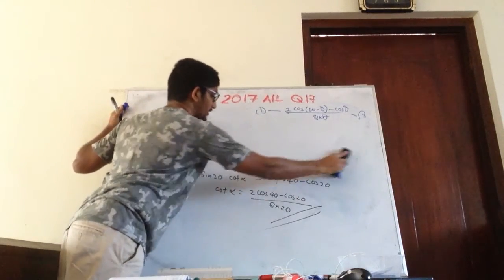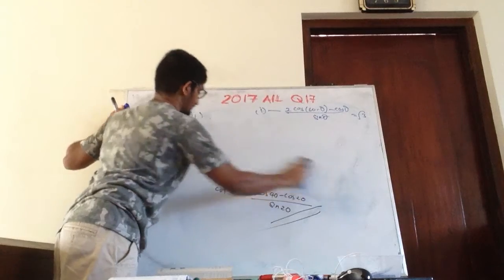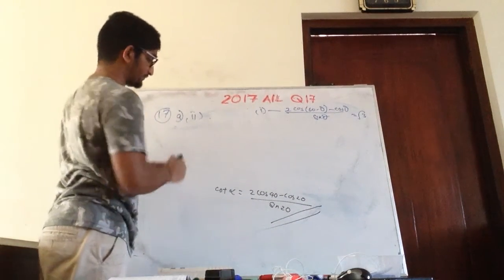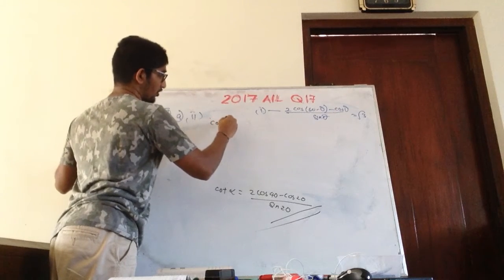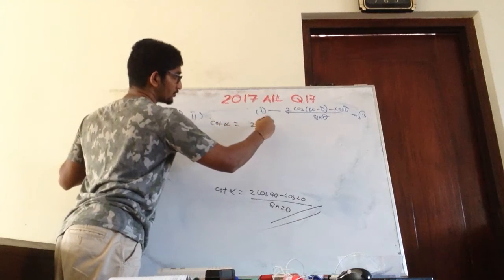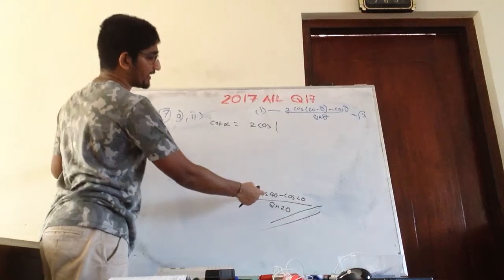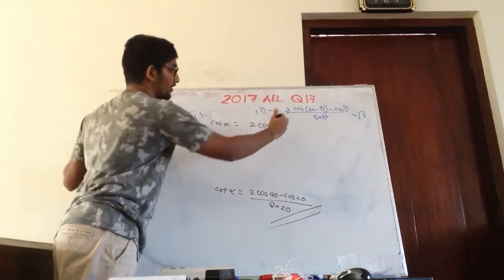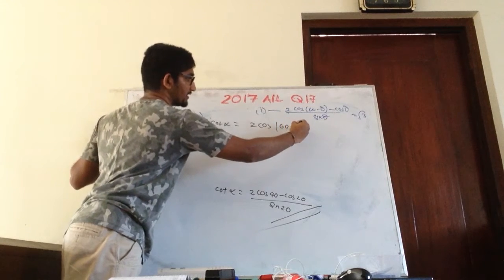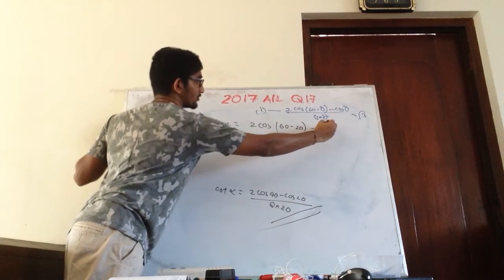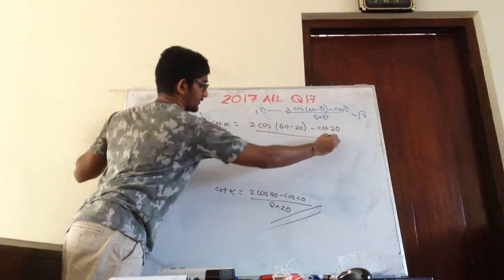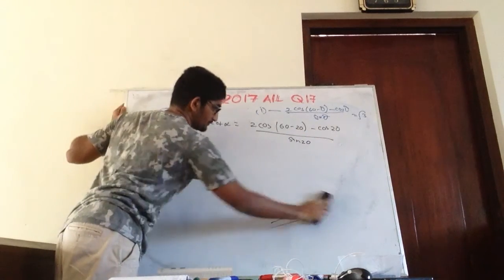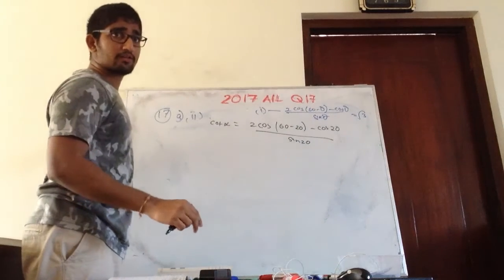Now let's see what we can do here. So now if I write this down, cot alpha equals 2 cos, I can write this as 60 minus 20, for this 40, 60 minus 20, minus cos 20 over sin 20. Right, no problem.